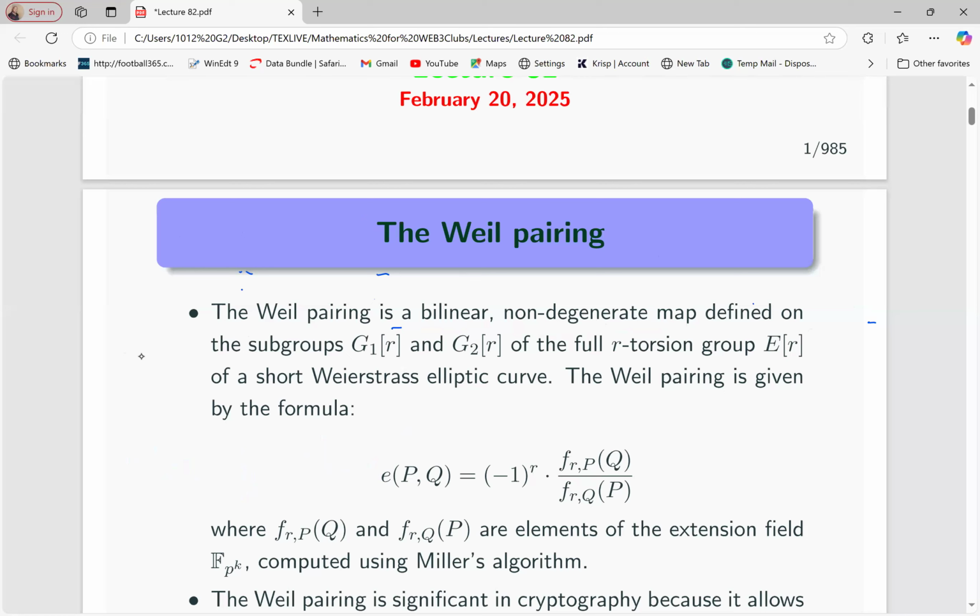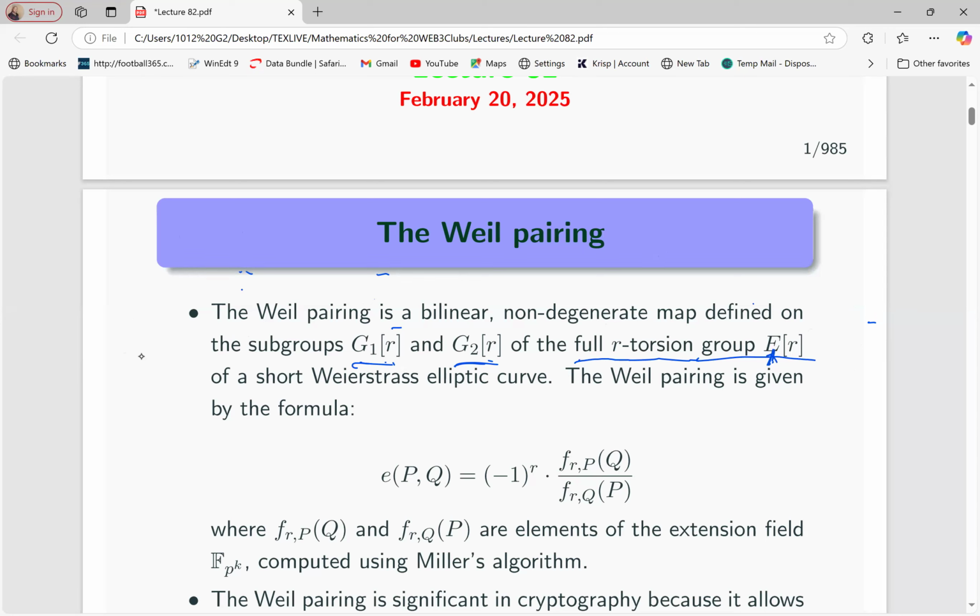So Weil pairing will be defined on 2 groups, which we've already mentioned. The order in this case is R, so group 1 has R elements and group 2 has R elements. They're defined on the full R torsion group of an elliptic curve.